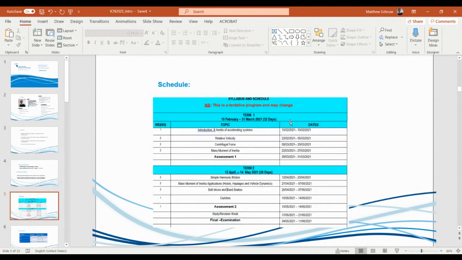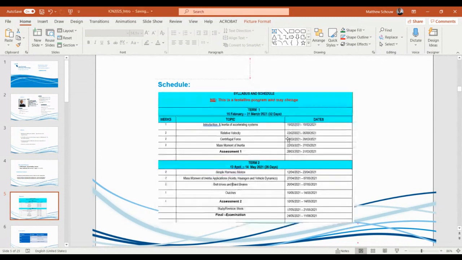Next, this was initially planned. This plan has changed, obviously, due to this subject starting late. But what we're going to be looking at essentially for the first term is inertia and accelerating systems.